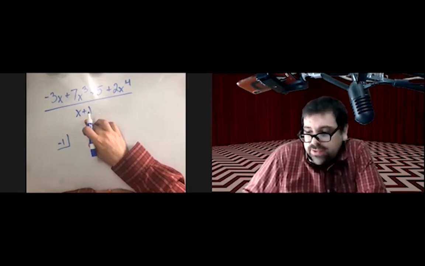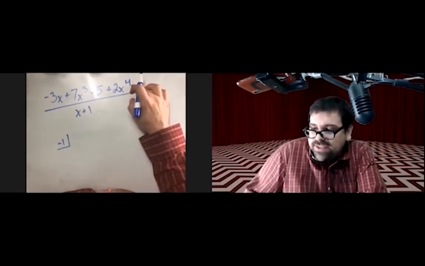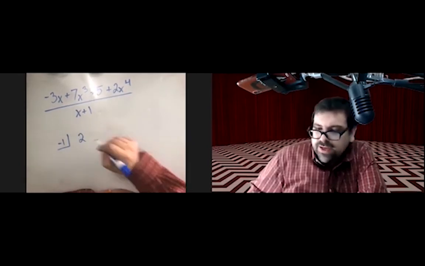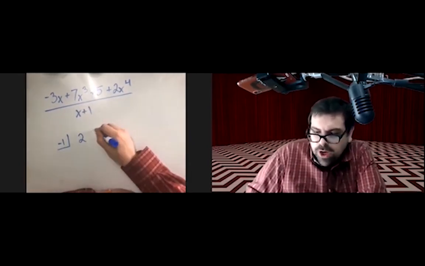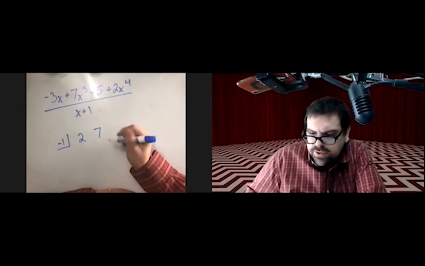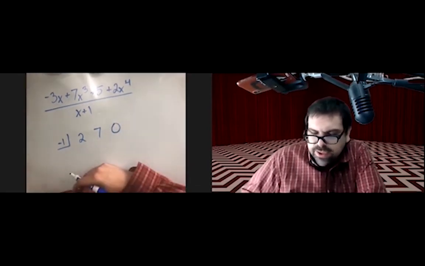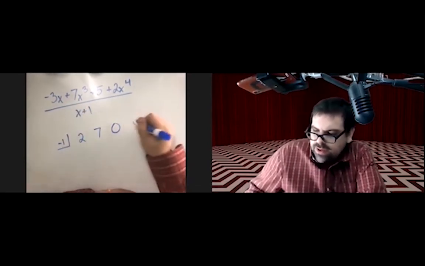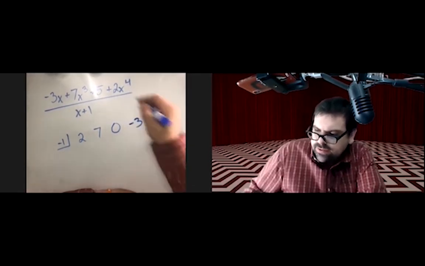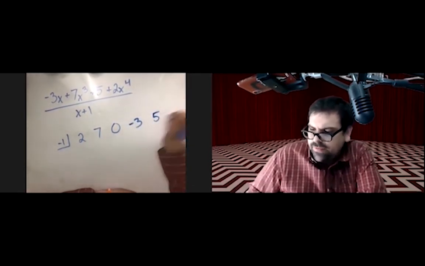Our coefficients, highest power we have is an x to the fourth. That's a positive 2x to the fourth, a positive 7x cubed, no x squared, negative 3x, plus 5.